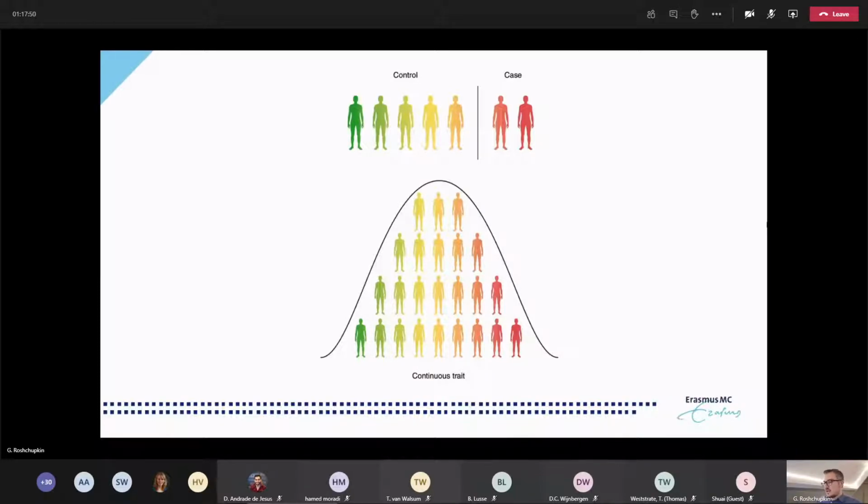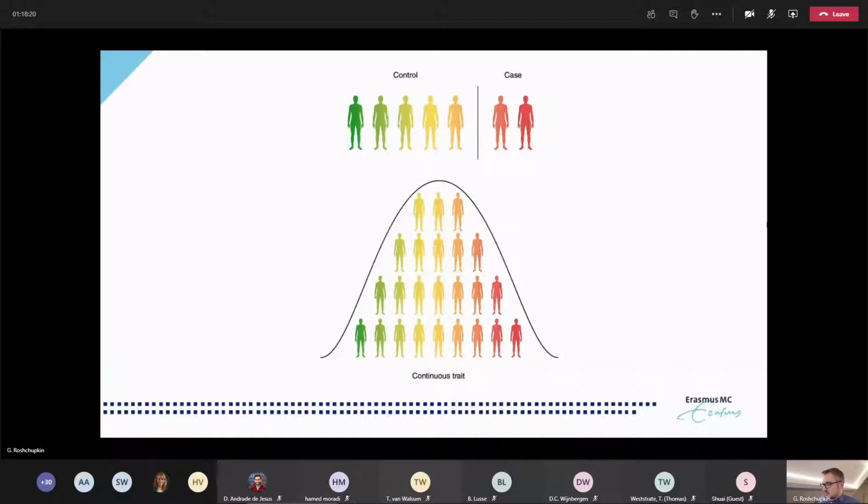As you can see on this picture, at some point you cross the line and become a case, or a doctor decides that you're sick. But it would be more important to understand the underlying processes and extract a more quantitative, continuous trait for future analysis, because it can give you more power and more understanding of what's going on.